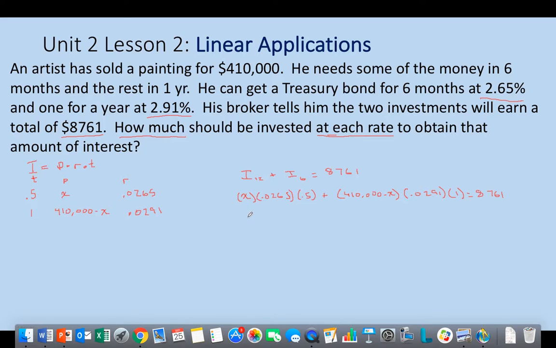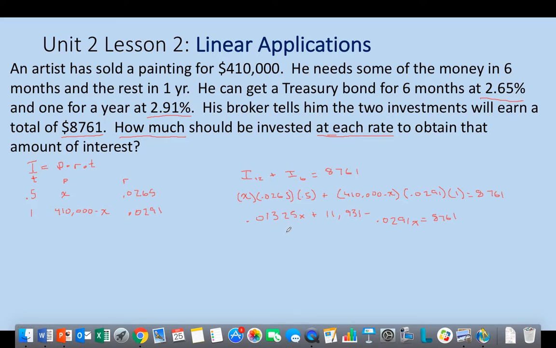I'll start combining everything here, and I'm going to wind up with 0.01325x plus 11,931 minus 0.0291x equals 8761. Okay, so just using the distributive property and multiplying those two things there.